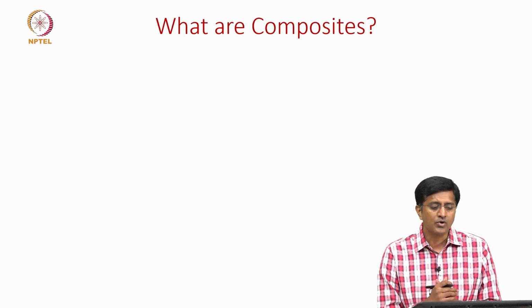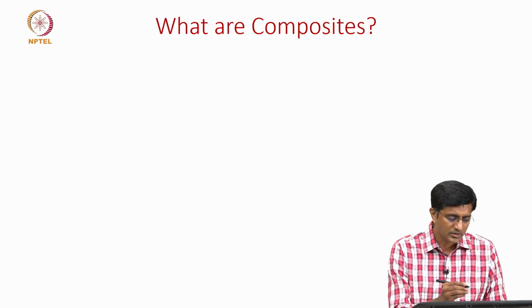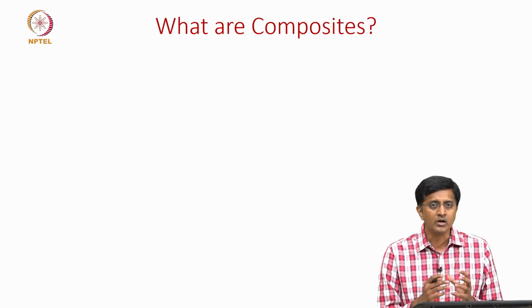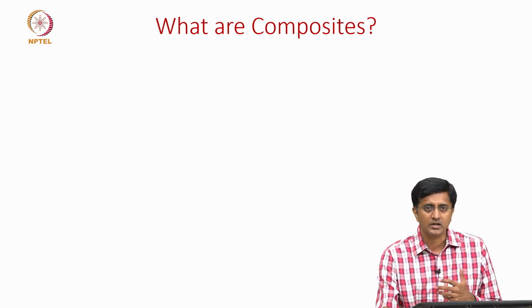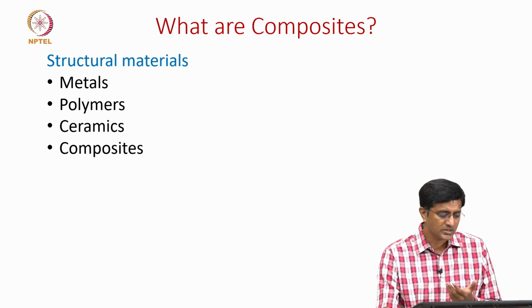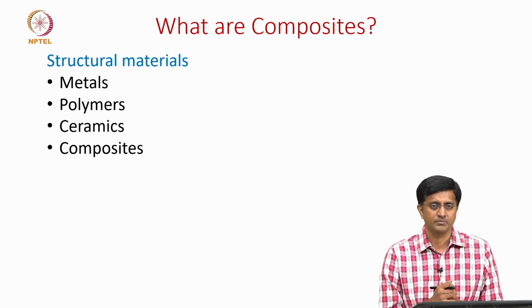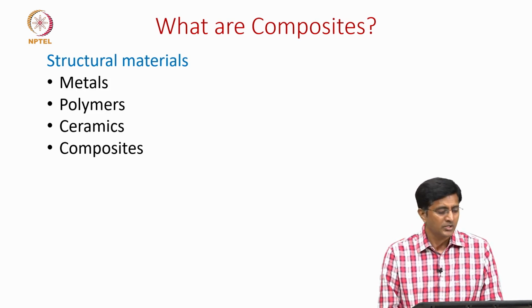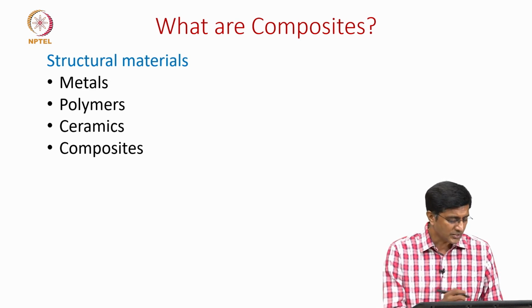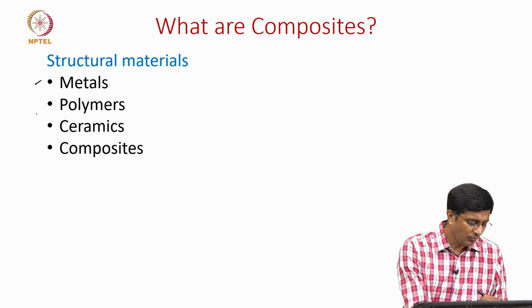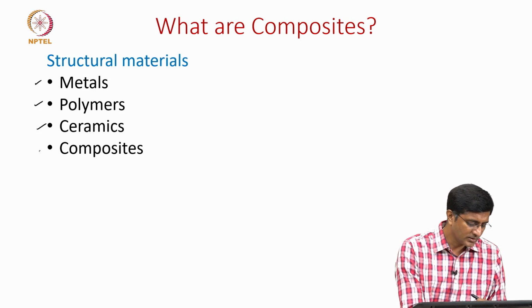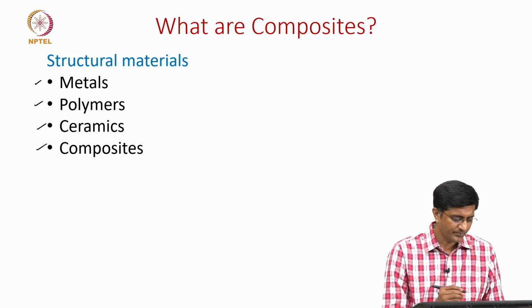So, let us now focus on trying to answer this question: what are composites? Composites are materials, specifically structural materials. When we talk about structural materials, usually we categorize them into 4 different groups: metals, polymers, ceramics and composites.